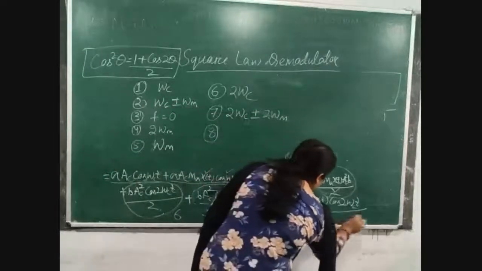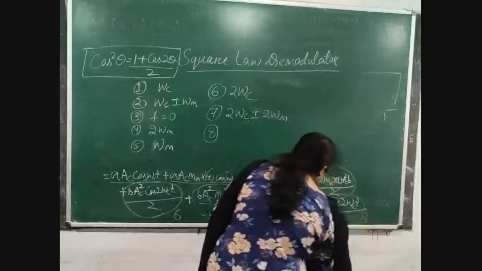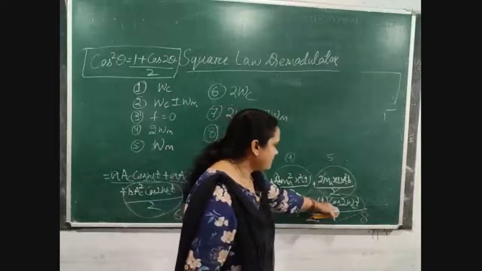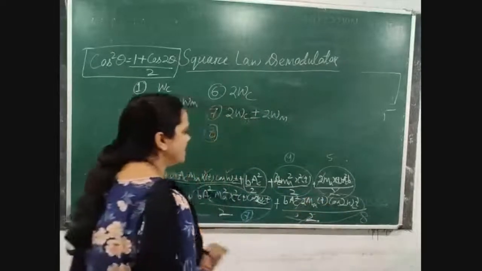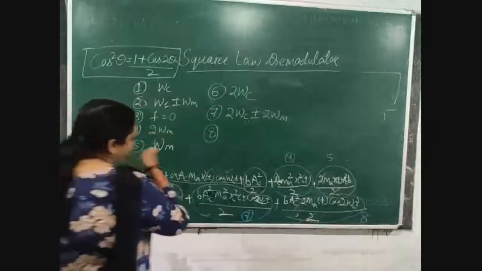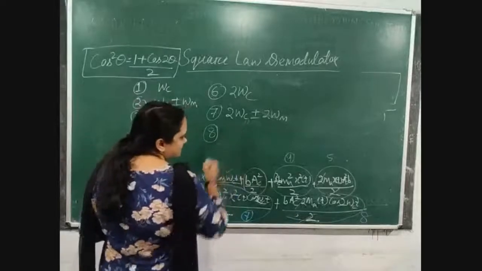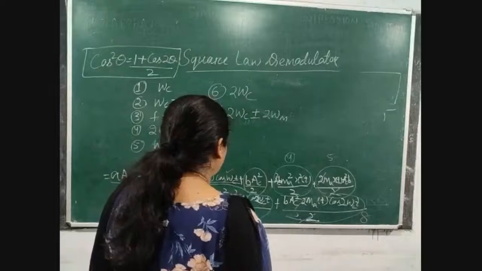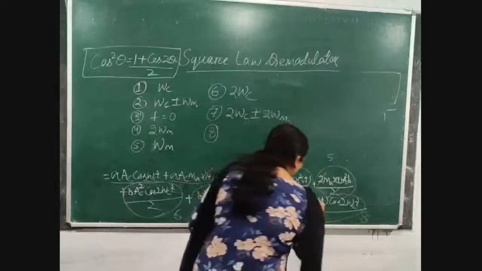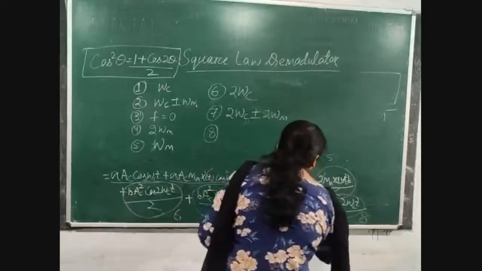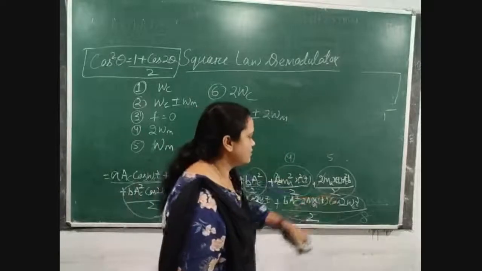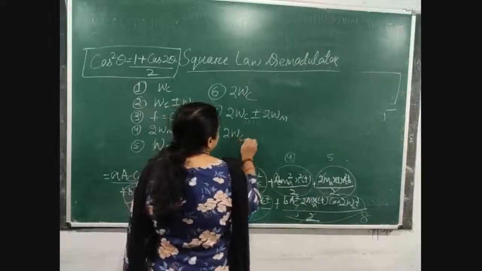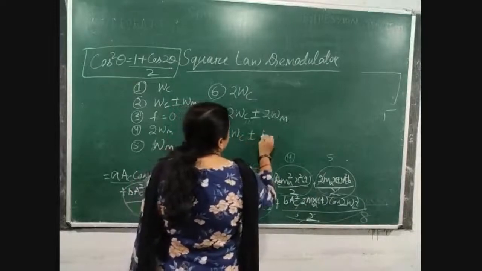This one is the 8th term. 2 cancelled out. Here we have cos 2 omega ct. So we can represent it here x of t cos 2 omega ct. So here we can write 2 omega c plus minus omega m.